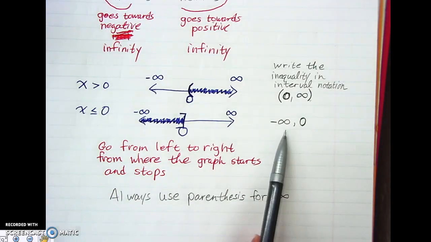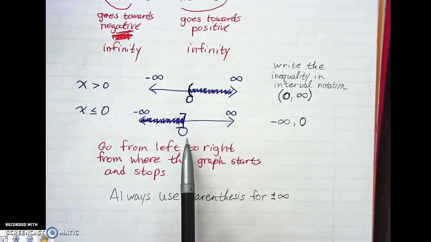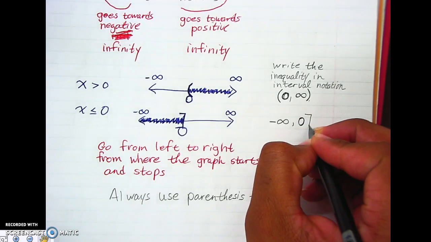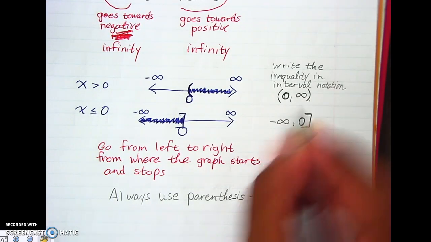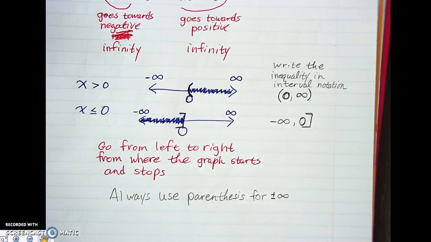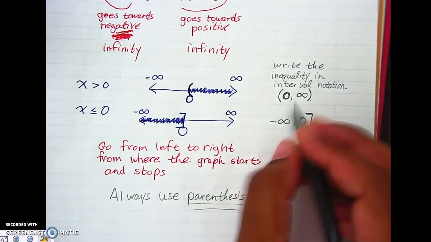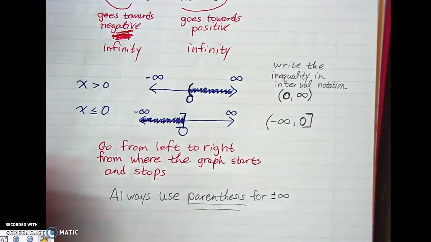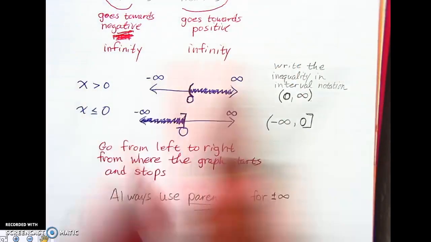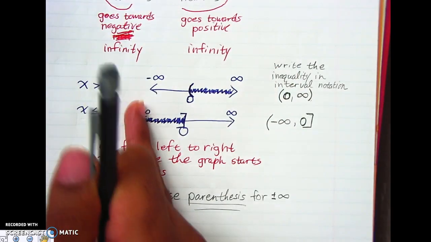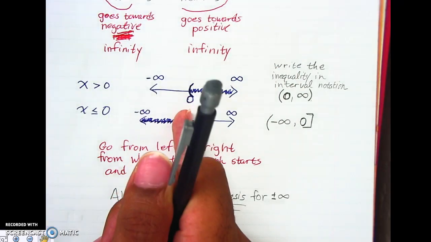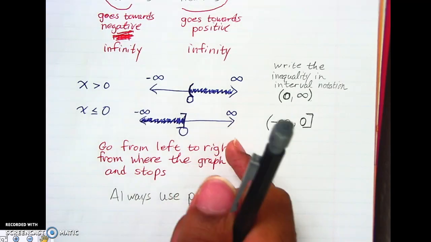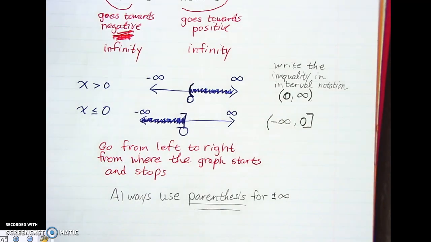On this one for interval notation, at 0, is it a bracket or parenthesis? A bracket. And what always goes on infinity? A parenthesis. So again, going from left to right, it starts at negative infinity and goes all the way until we get to 0, where the graph stops. Negative infinity to 0, parenthesis on the infinity, bracket on 0.